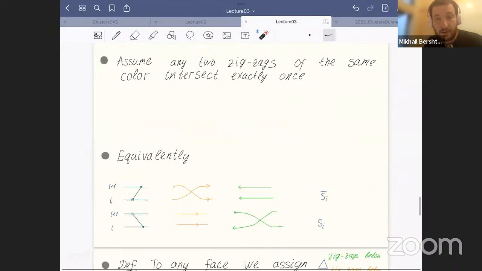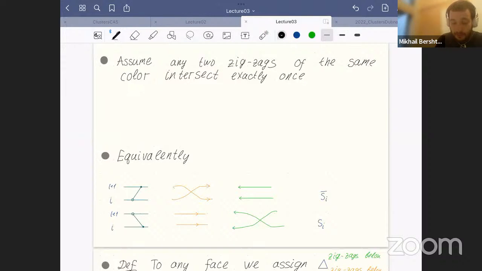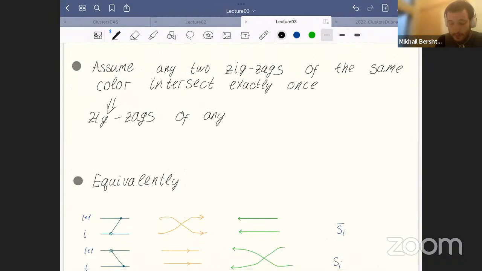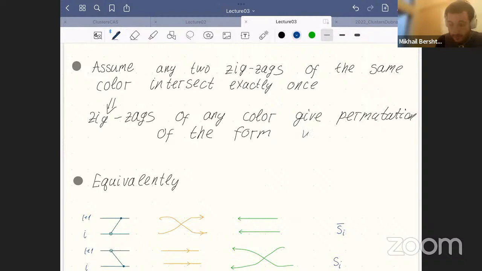In other terms, not equivalently, it follows from this that zigzags of any color give a permutation of the form w0, the longest permutation, 1, 2, ..., n minus 1.